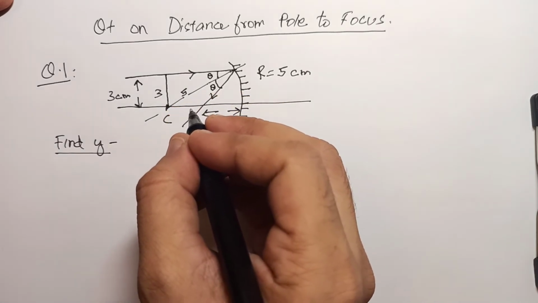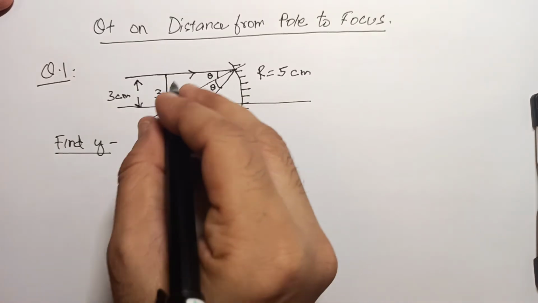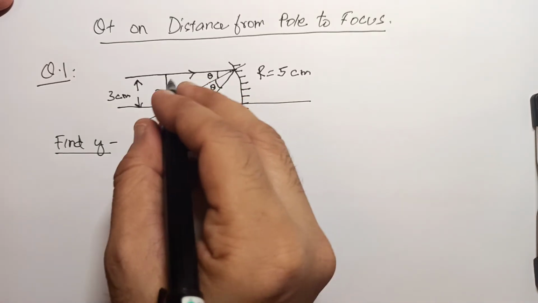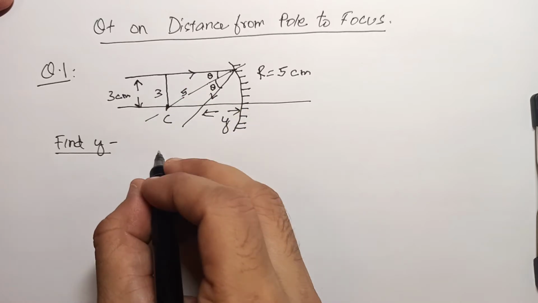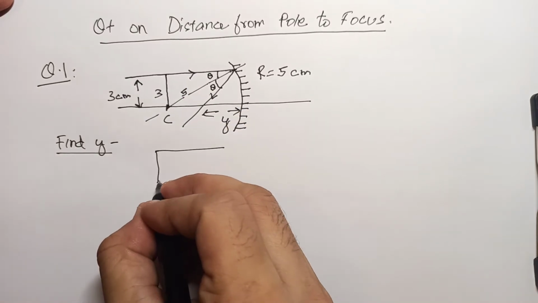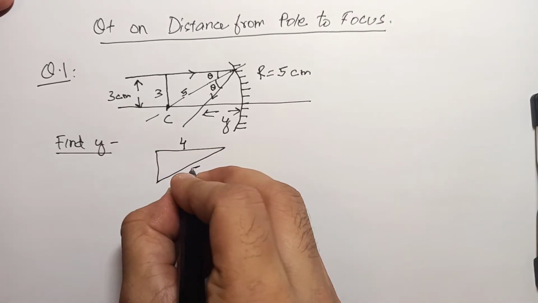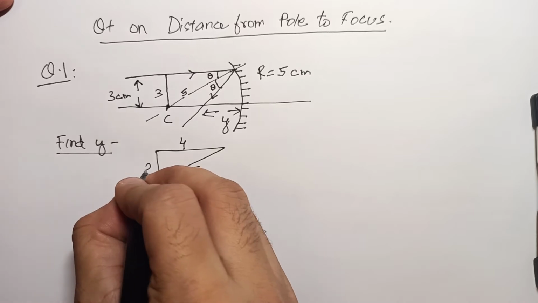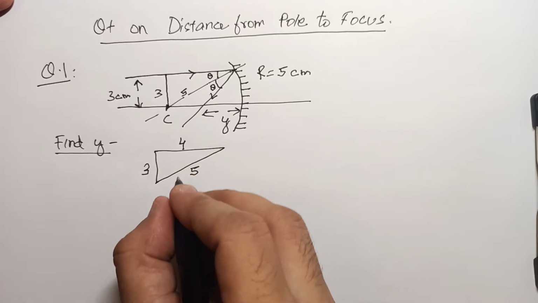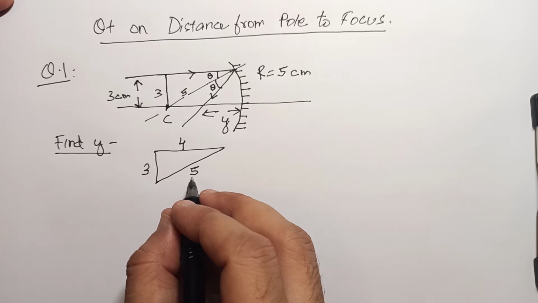right? So if we draw this triangle separately, we can say 4, 5 and 3. Okay, so here this will be 4, as you know.